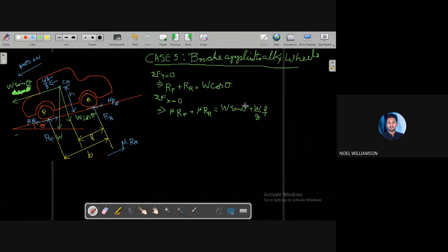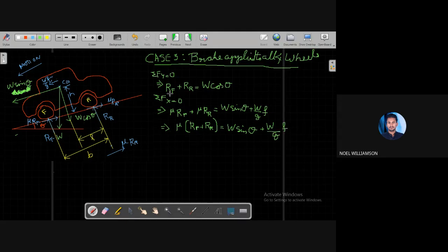Now you can take mu as common and simplify as mu into (Rf plus Rr) equal to W sin theta plus W by g into f.